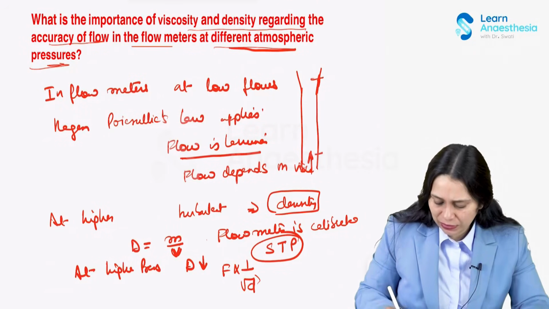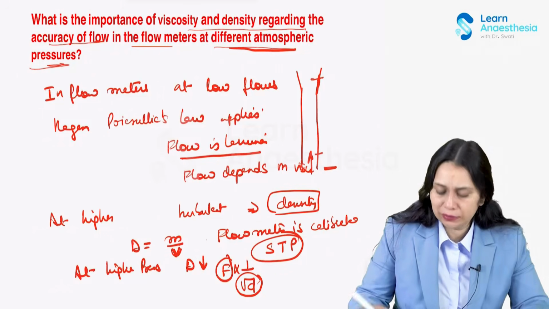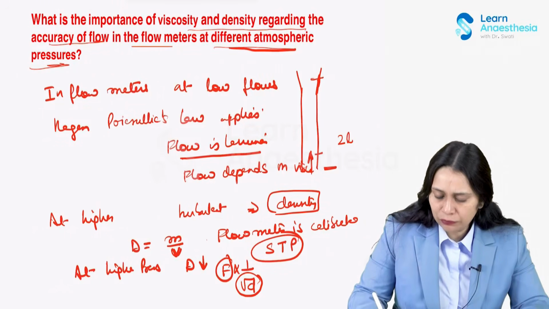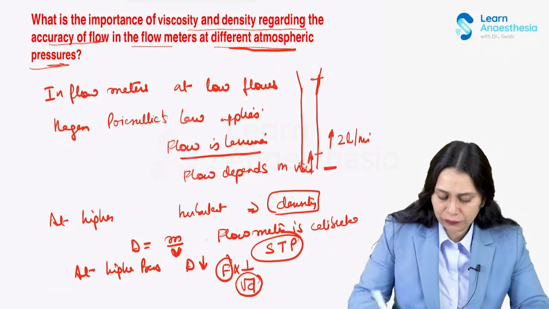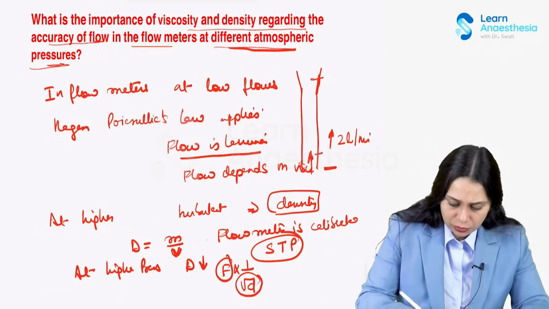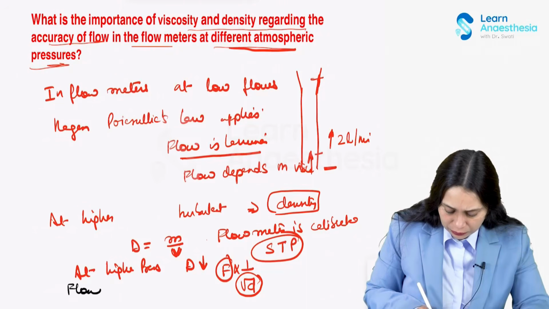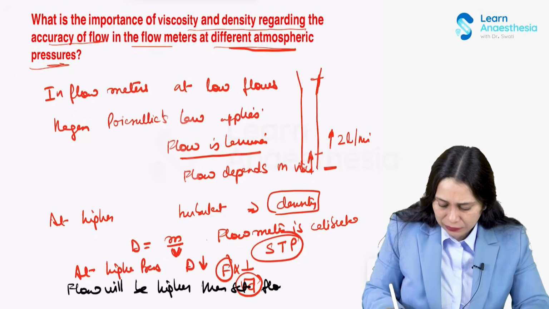So as the gas becomes less dense, the flow will increase. Whatever setting we have done in the flow meter, say I have set the gas to flow at 2 liters per minute, it will flow at a higher flow than the set flow.